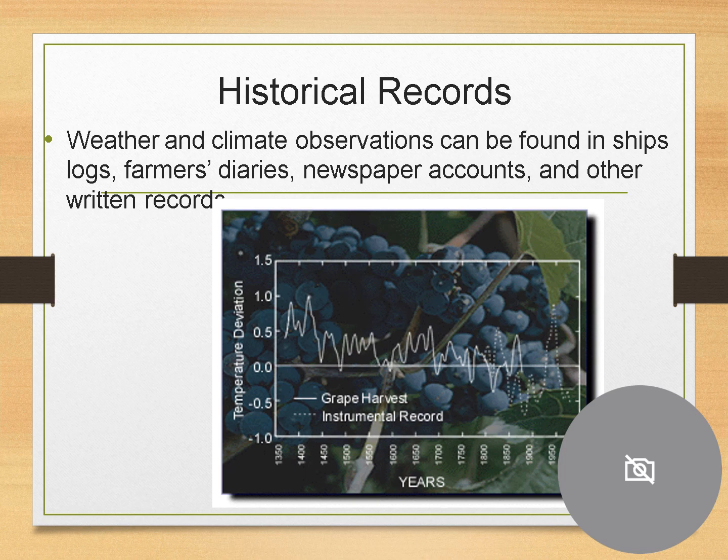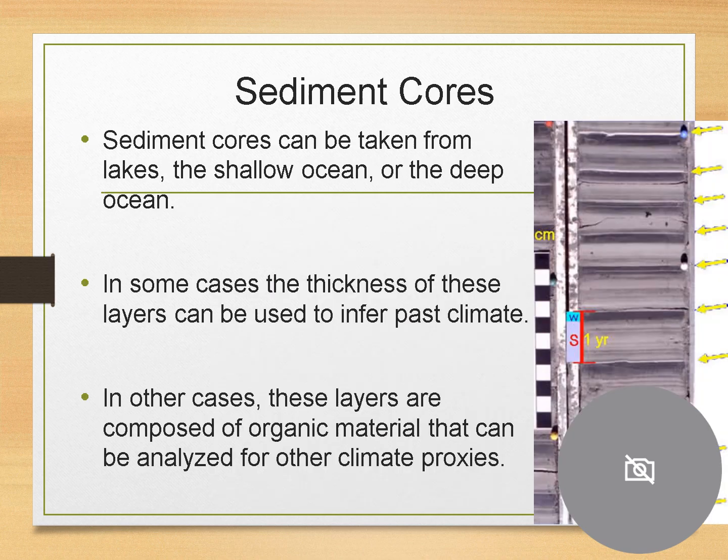If you have ships' logs, you may see the change in temperature based on the logs. Another one, we may use artifacts to know the past climate. But for artifacts, we need to do laboratory tests to know the past climate.